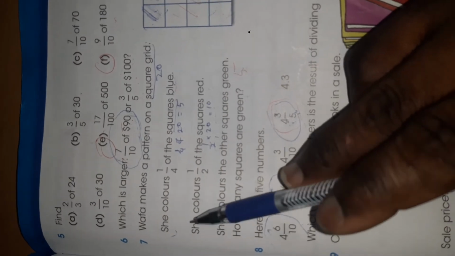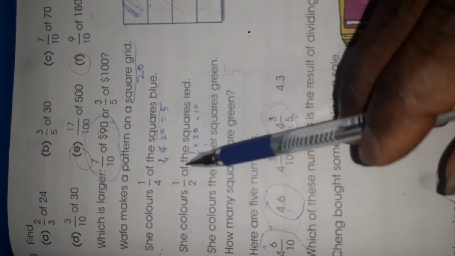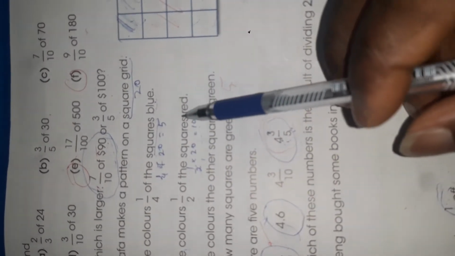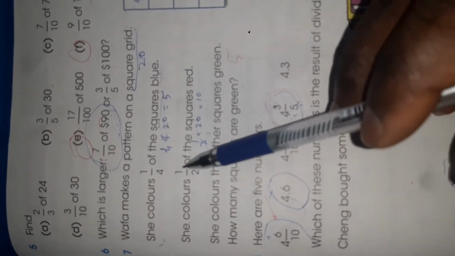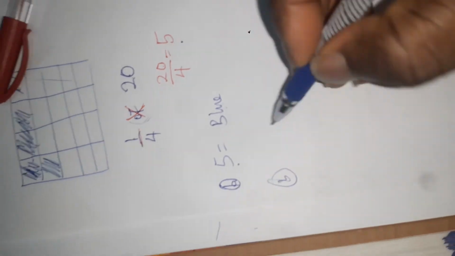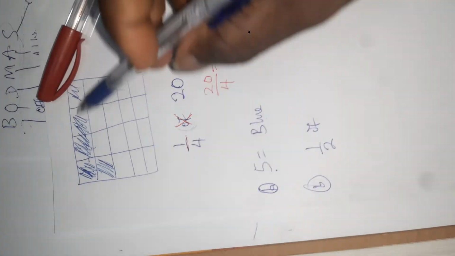Now the next one, Wafa colors 1 out of 2, 1 over 2 of the square, and she colored it red. So you're going to have 1 over 2 of what? Of the square boxes is what? Is 20. So this is the first one, A and B. Now 1 out of 2 of what? The total number of boxes is what?